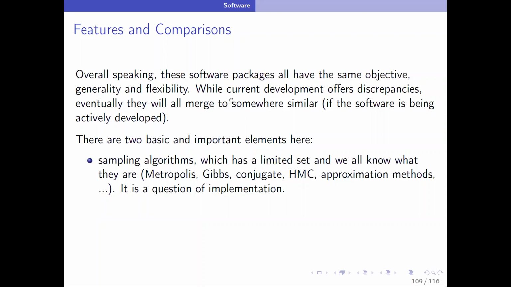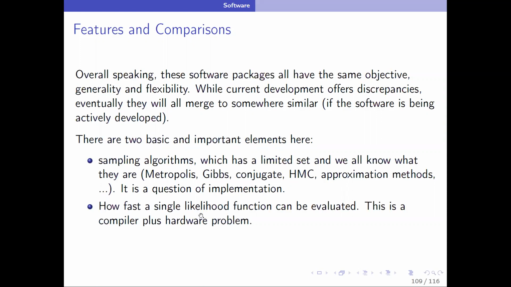For any Bayesian software package, there are two basic components. One is the sampling algorithm, of which we know there is a limited set: Metropolis, Gibbs, conjugate, Hamiltonian, approximation methods. It's a question of implementation, so as long as they keep adding to it, they will eventually get there.